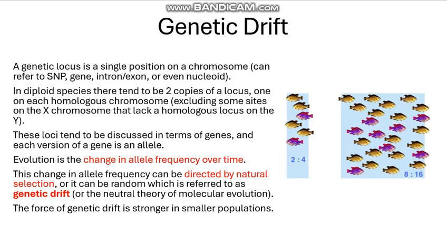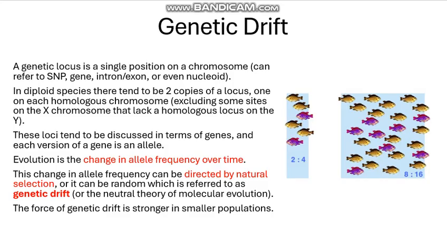These loci tend to be discussed in terms of genes, and each version of a gene is called an allele. Evolution is the change in allele frequency over time, and this change in allele frequency can be directed by natural selection, where a selective pressure is changing the frequency of the allele, because let's say the allele codes for an adaptation, so an advantageous trait.